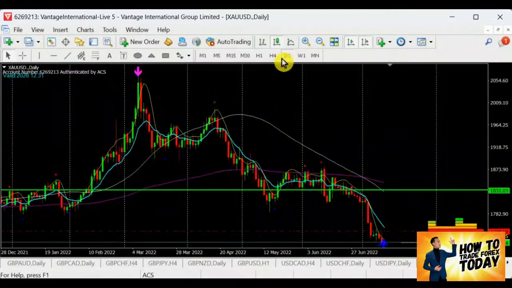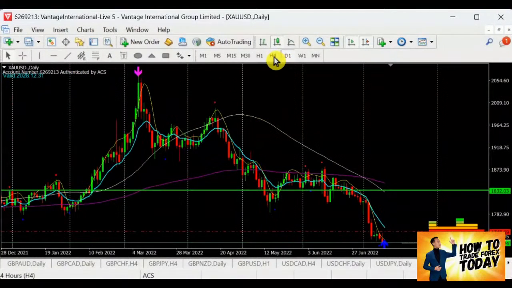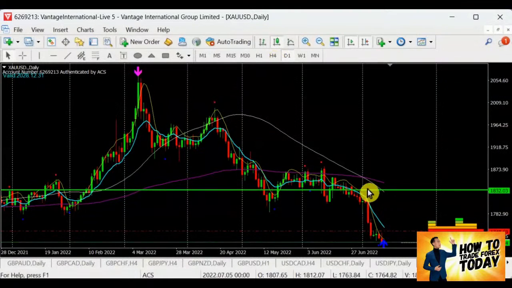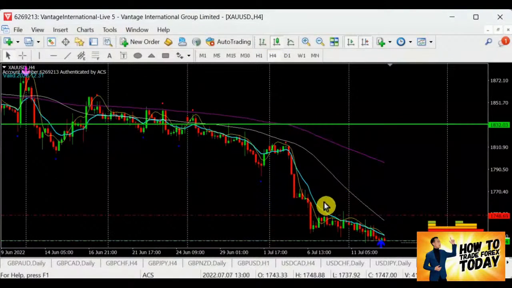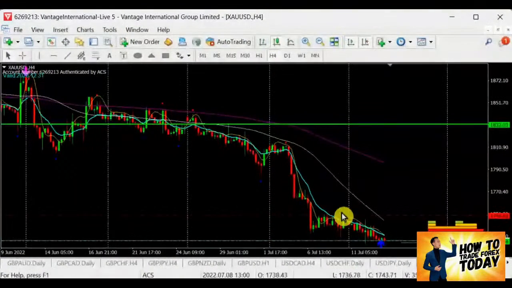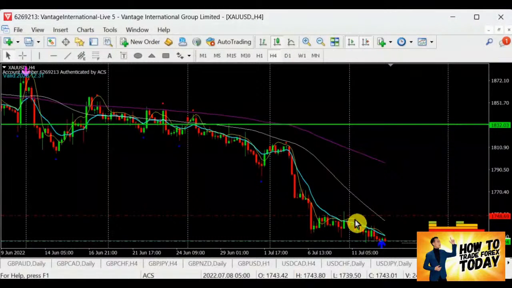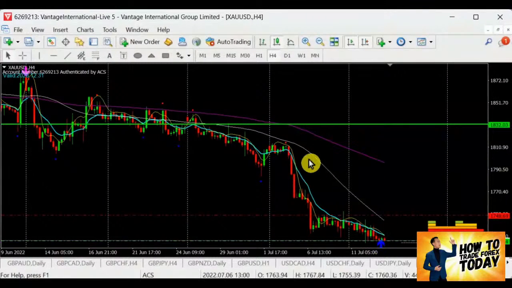All right. Gold trading over here, like I said, I have targeted 1725, it is going to retest the 1725 after it has tested this area of 1748. After it tested the 1748, now it's coming back to test the 1725. So is it good to buy now?